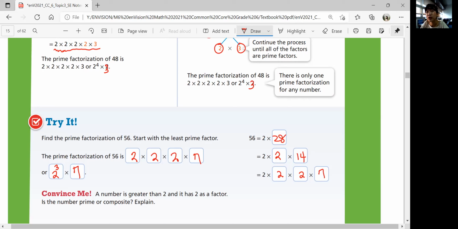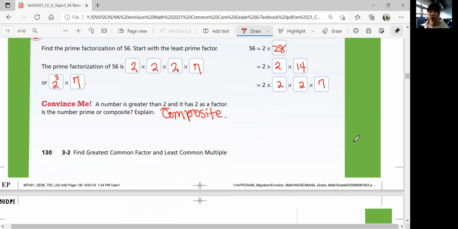So it only has 2 factors, itself and 1. But if you include 2, so for example, 4 is greater than 2 and it has 2 as a factor. Is that a prime or composite? It's a composite number.